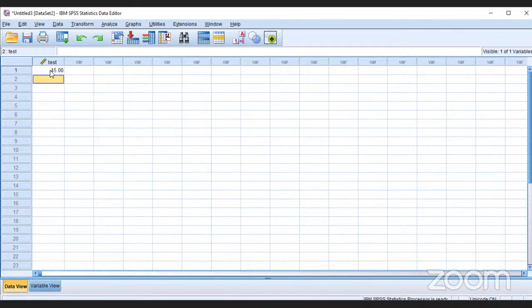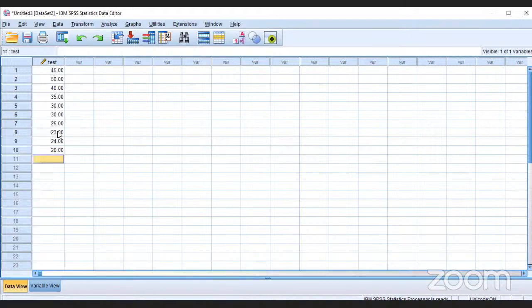So one individual received 45, another individual received 50, 40, 35, 30, 25, 30, 25, 23, 24, 20.